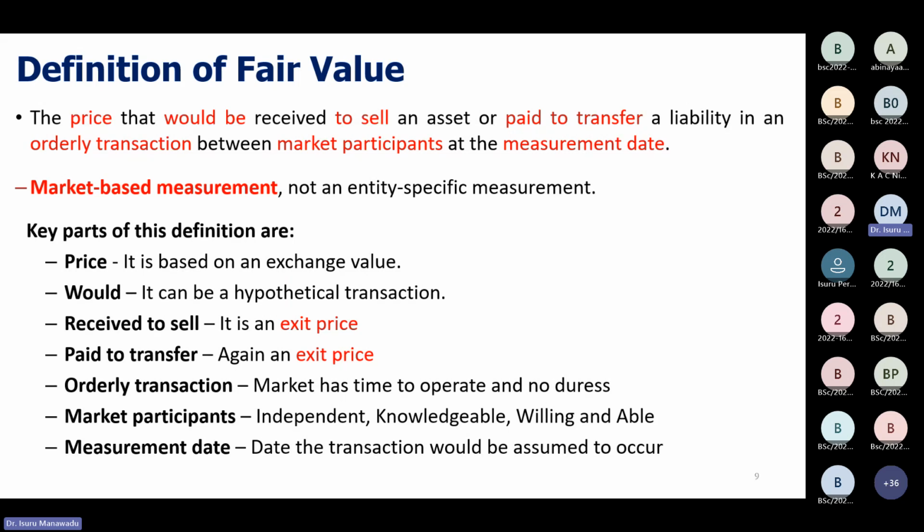Normal advertising campaign in a firm. With that normal condition, what would be the price? So that's the orderly transaction. Market has time to operate and no duress. No duress, right? We'll take that orderly transaction further and discuss.